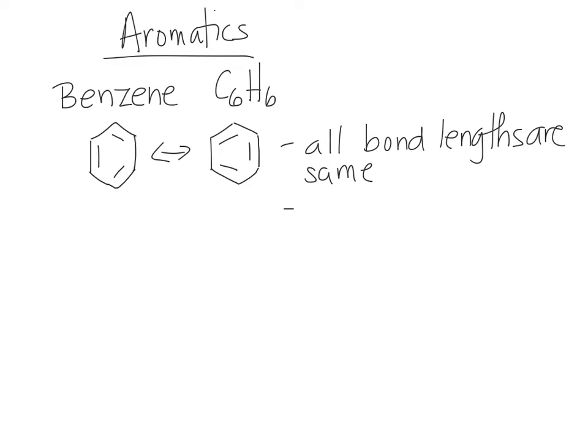What happens is when you have alternating, on paper, single and double bonds, you get a delocalization of your electrons. So you've got delocalized electrons. It's a conjugated system when it's alternating single-double. Benzene is a special case of that.